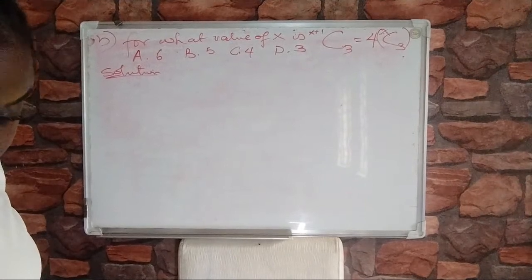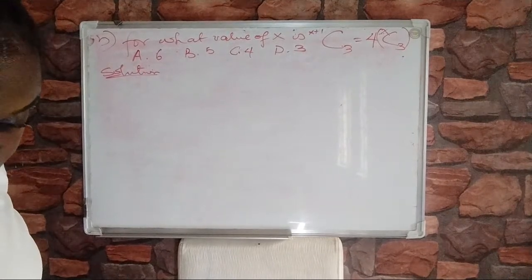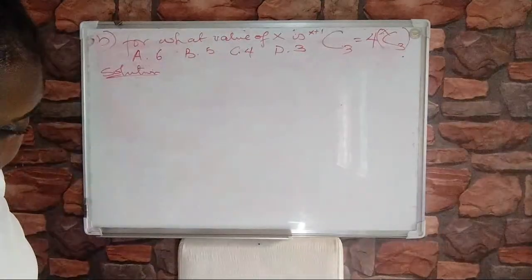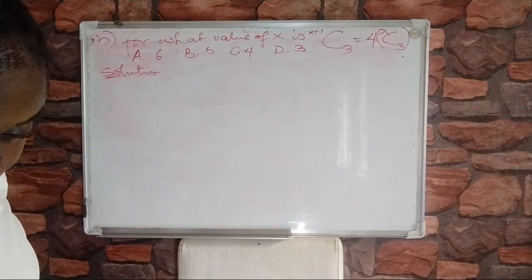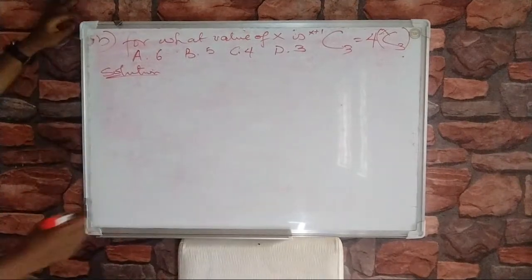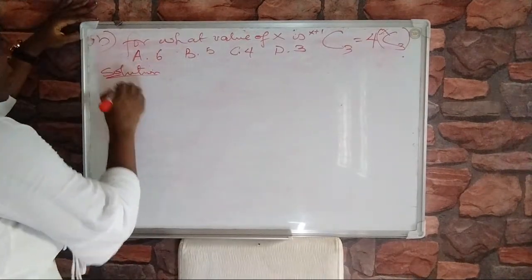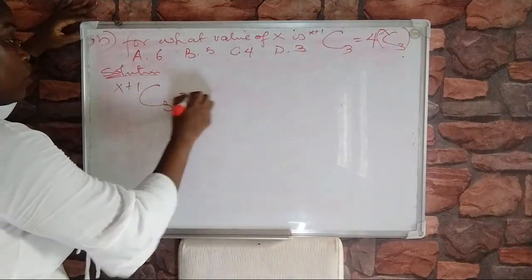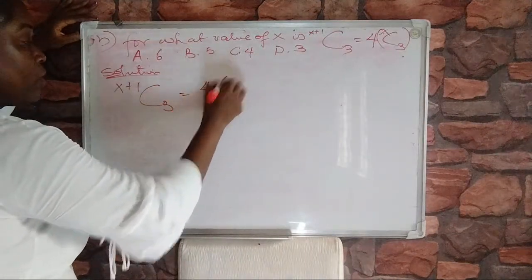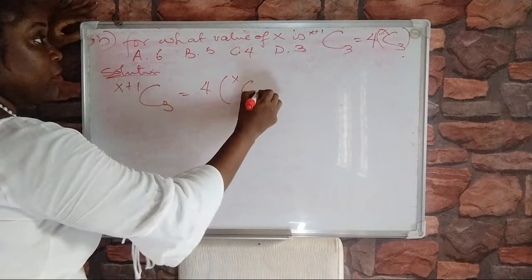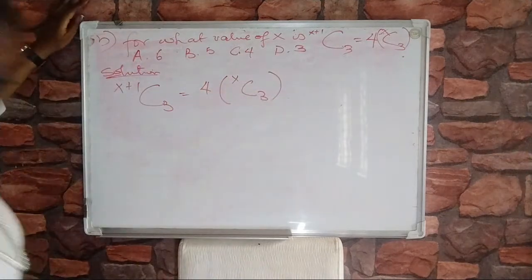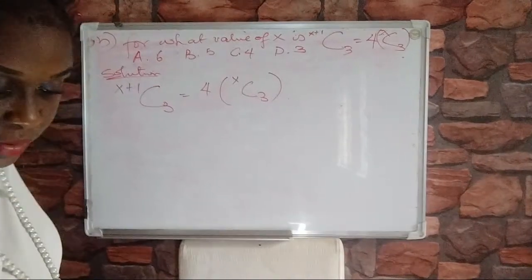We're expected to find the value of x. Okay, so let's quickly go about this. So we have x plus 1 combination 3 equal to 4 x combination 3 as well. So let's remember our formula for combinations, okay?